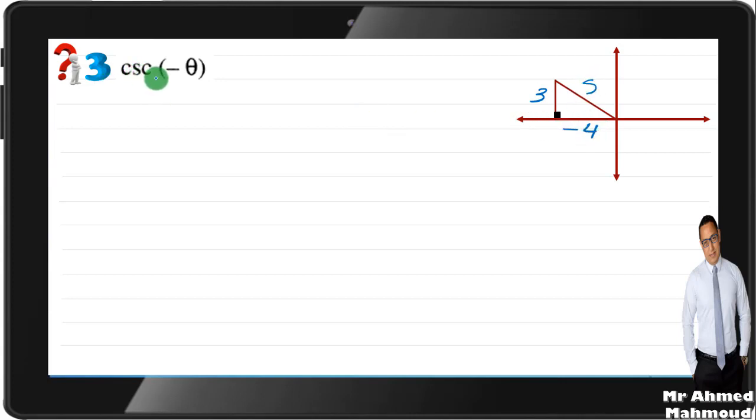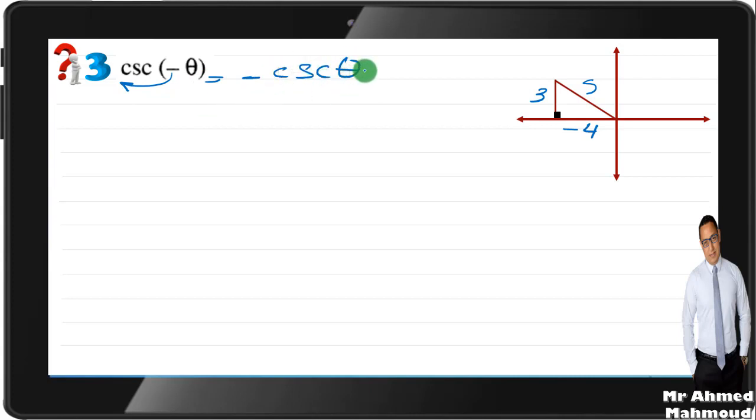Okay, cosec negative theta. The function which cancels the negative is sine, cosine, and sec. So in the cosec we make the negative outside, so it will be negative cosec theta.